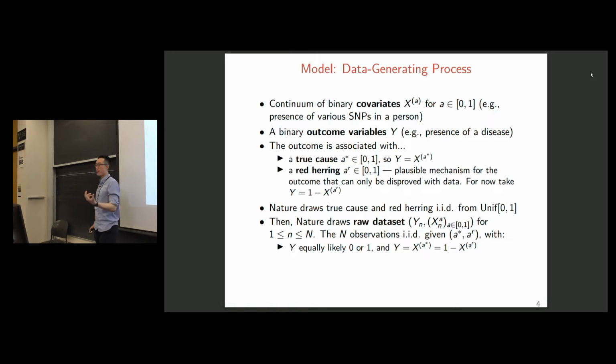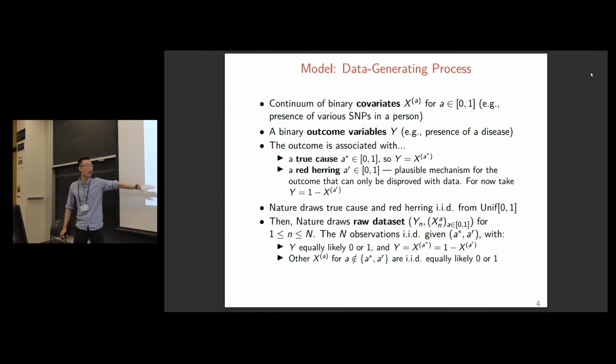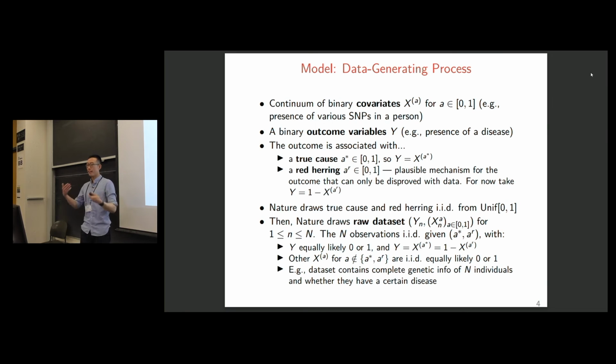So for this observation, I've now generated the outcome and 2 covariates. I have infinitely many other covariates to generate. So for other covariates, A not equal to either A star or AR, I'm going to make them IID equally likely to be 0 or 1. Okay? So think of this as like a data set containing, for example, the complete genetic information of capital N individuals, as well as whether each of them has this disease.